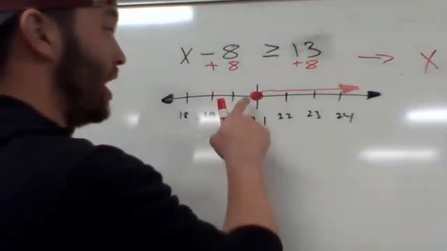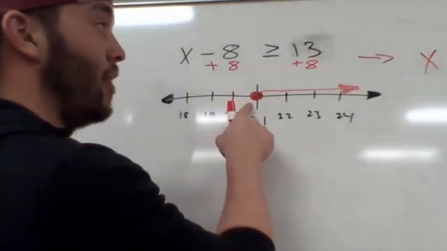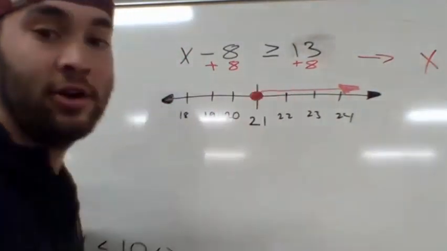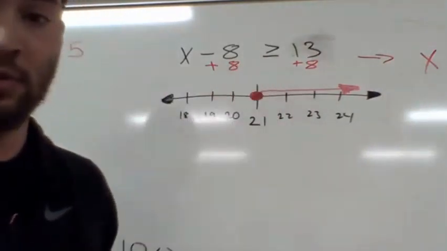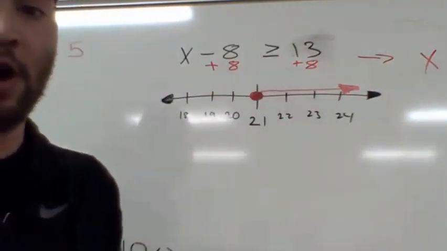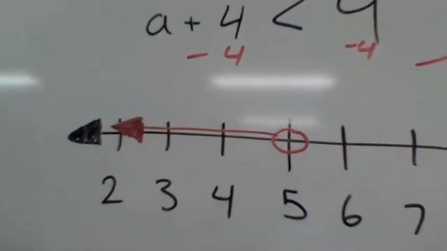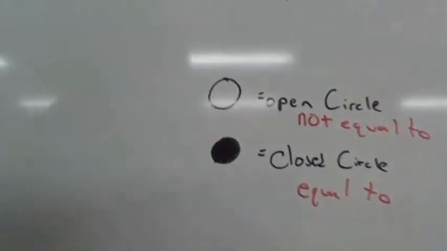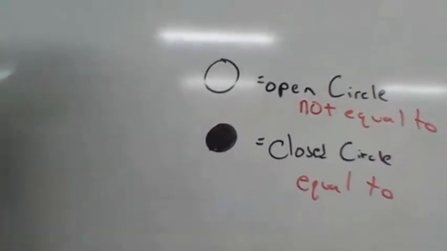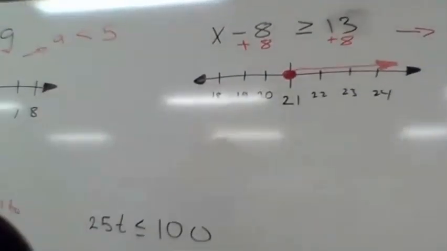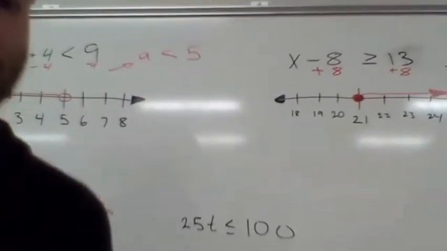So one more time, that is a filled in circle. That means that there's a line underneath there, which there is. So the difference so far is that there is a filled in circle and a not filled in circle, depending on if they are equal to or not equal to. Okay, let's keep this in mind. There's a very, very big key on this.